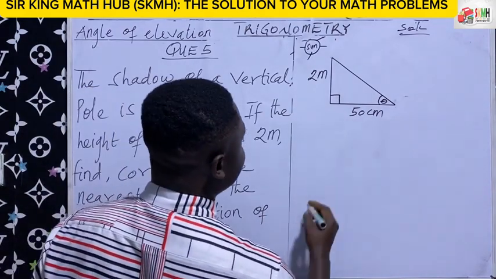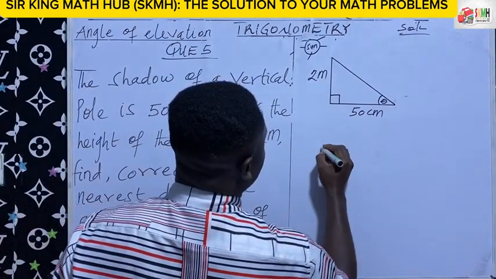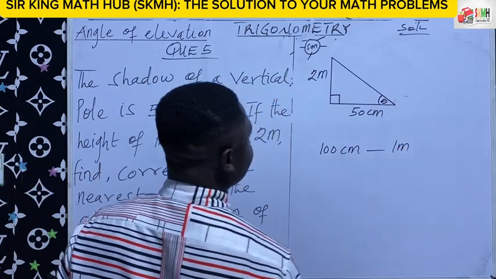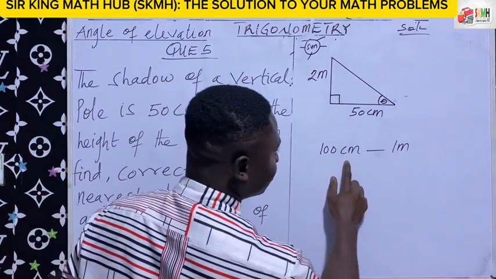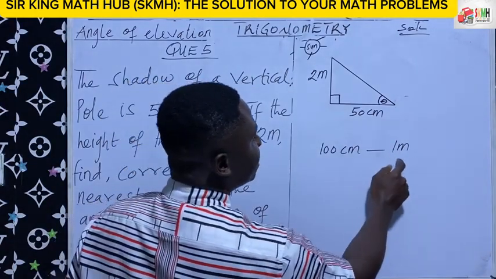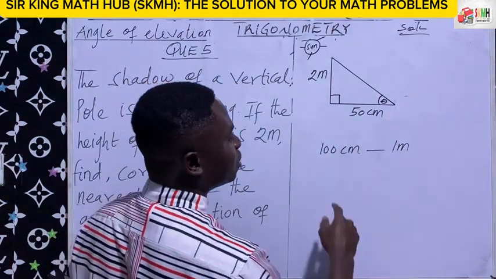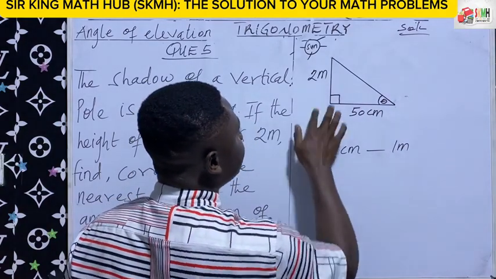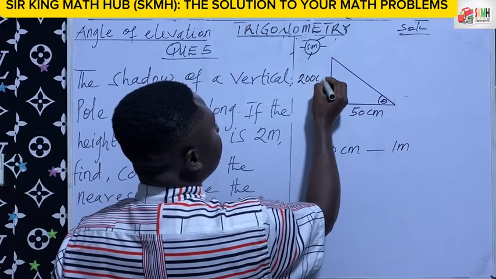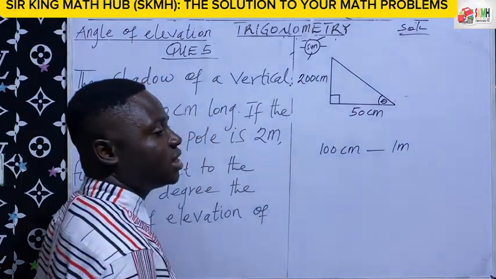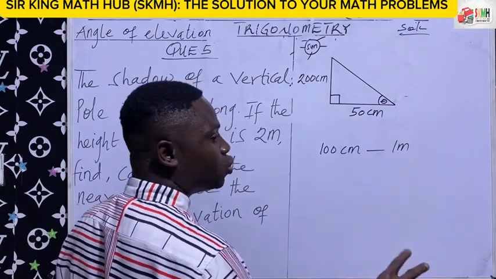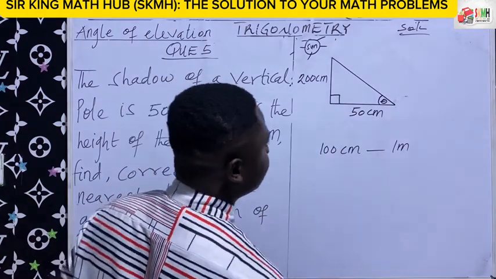We know that 100 centimeters is equivalent to 1 meter, so 2 meters should give us 200 centimeters.